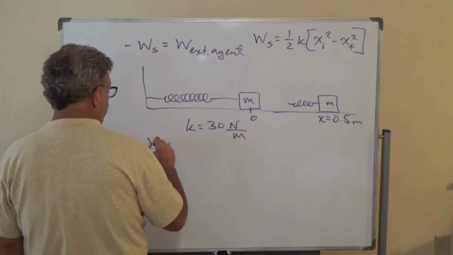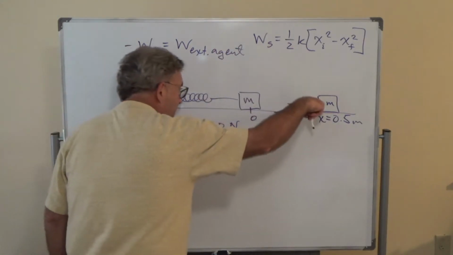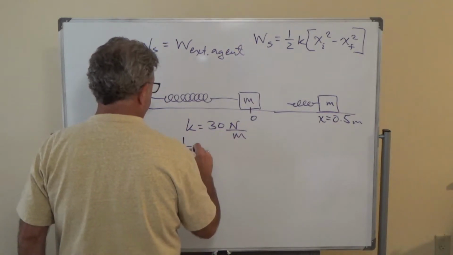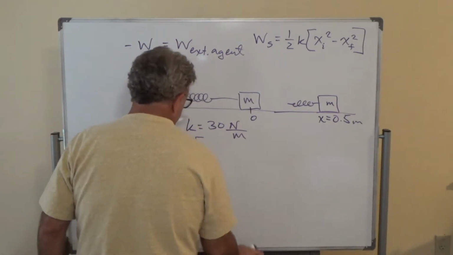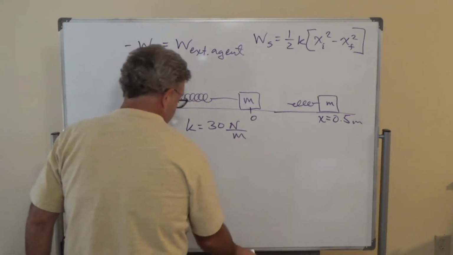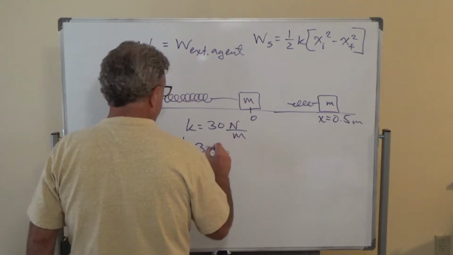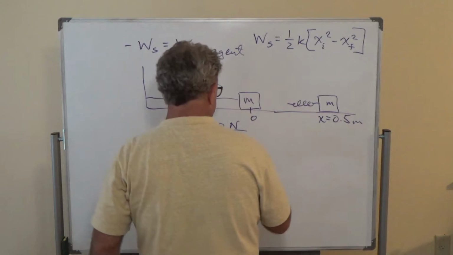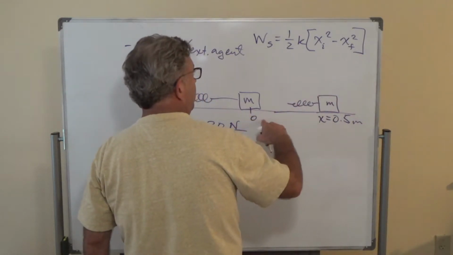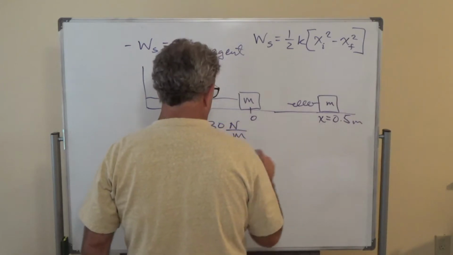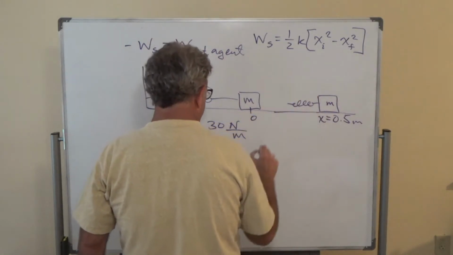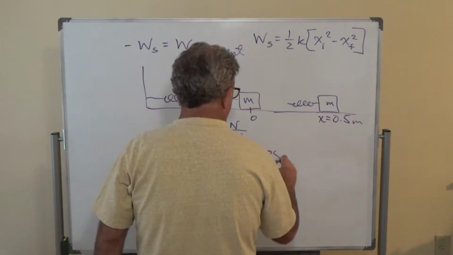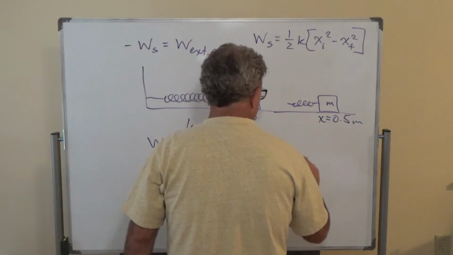So let's look at the work done by the spring on the mass. Well, we just plug it in up here. It's 1/2, let me put k in there, 1/2 times 30 newtons per meter times, x initial is 0, x final is 0.5, and you get a negative, so that's a negative 0.25 meters squared.